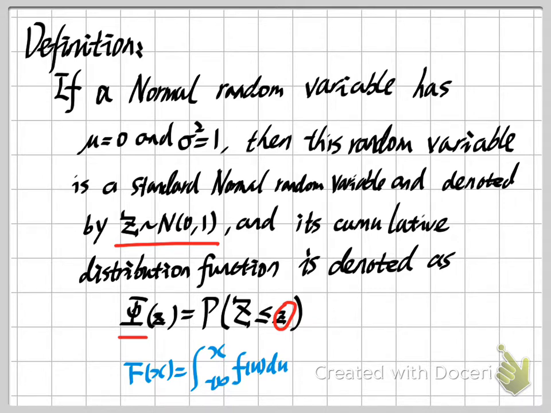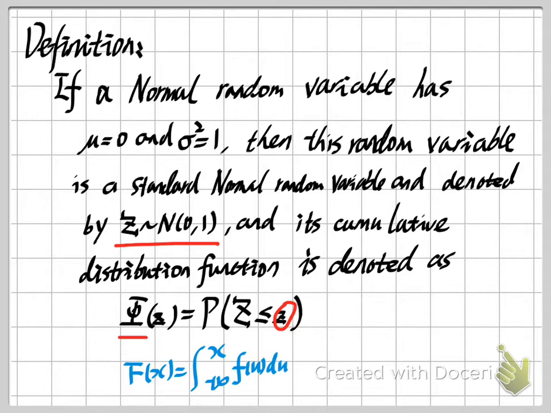In other words, how to find the probability when the standard normal random variable Z is smaller or equal to this specific value. For statistics and probability, it's really easy to find a table for the standard normal random variable.